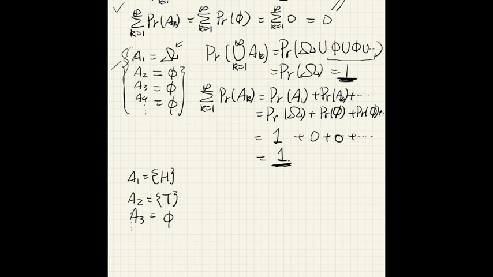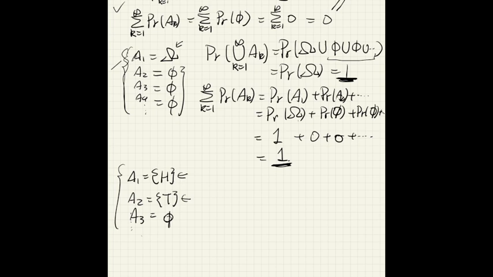So if A1, A2, A3, and so on contain at least one H and one T, then everything else should be the empty set.